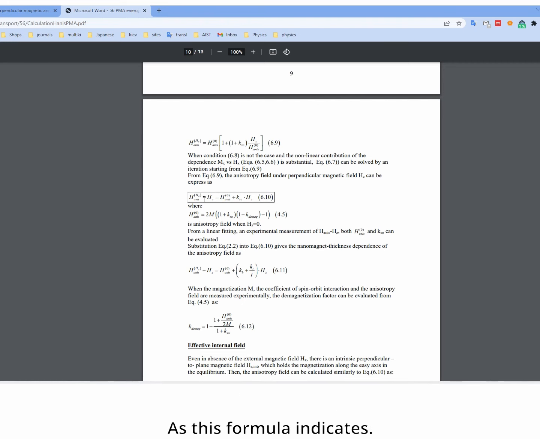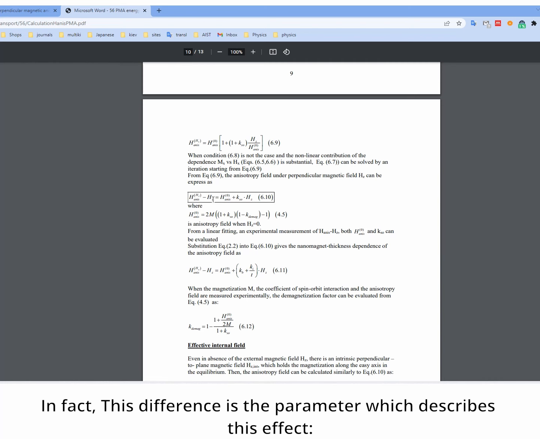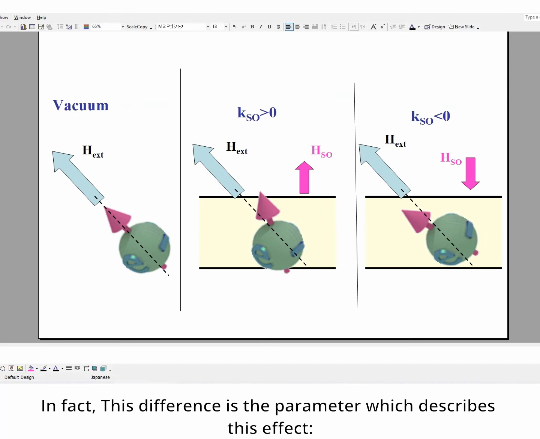As this formula indicates, it is not the anisotropic field itself, but the difference between the anisotropic field and the external magnetic field that is important. In fact, this difference is a parameter which describes this effect.